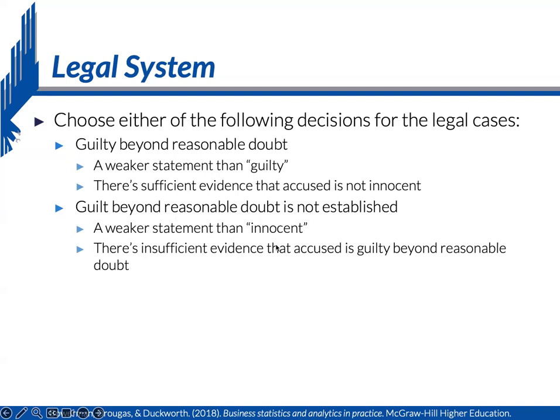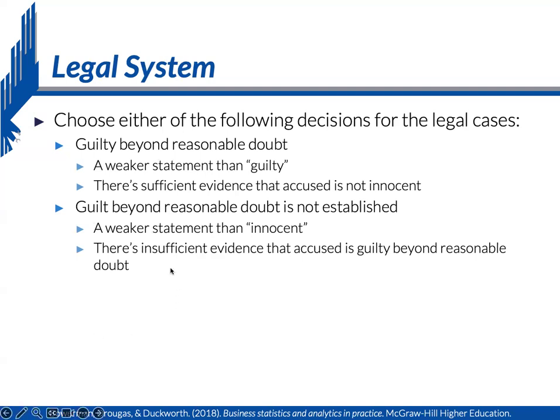Because again, we are not 100% sure that the person is innocent. It's still possible that the suspect really committed the crime. It's just that we don't have enough evidence to support that. And therefore, instead of saying that the person is innocent, we just make the safer conclusion that guilt beyond reasonable doubt is not established.